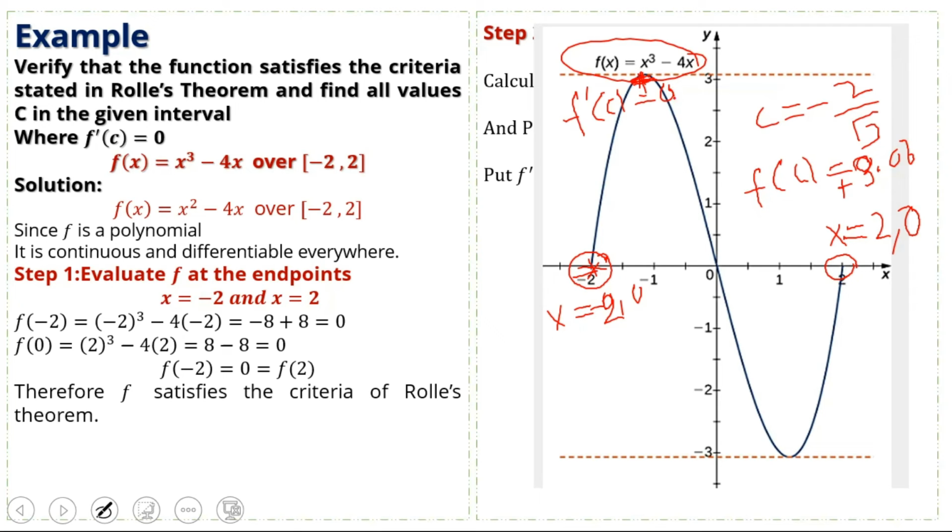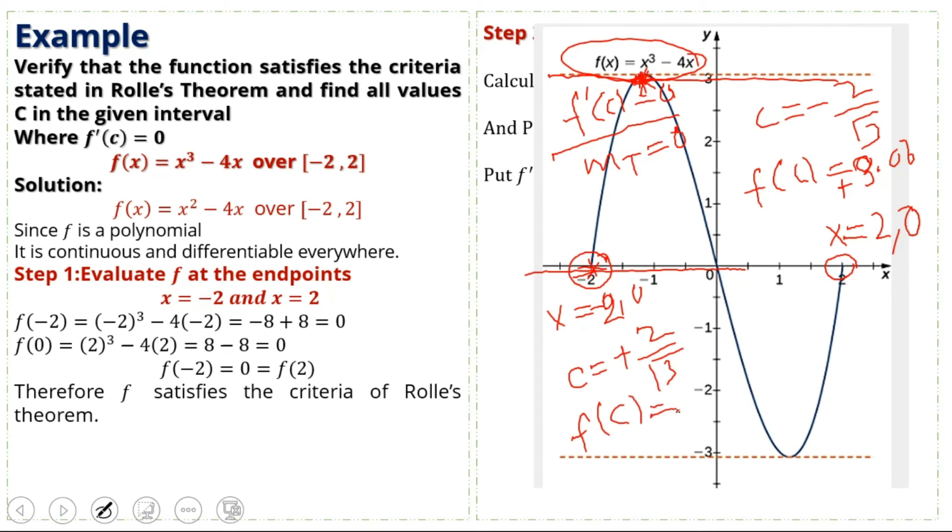So this is an interior point, and the first derivative being 0 means the slope of the tangent line is 0, which means the tangent is parallel to the x-axis, and at this point we have the absolute maximum. When c is equal to plus 2 divided by root 3, the value of the function at this c is minus 3.08, and this is the point.